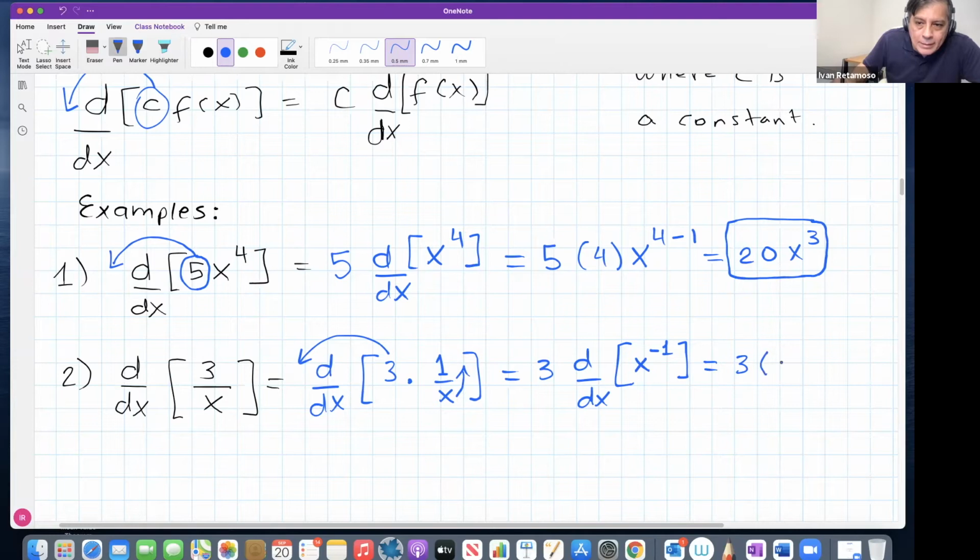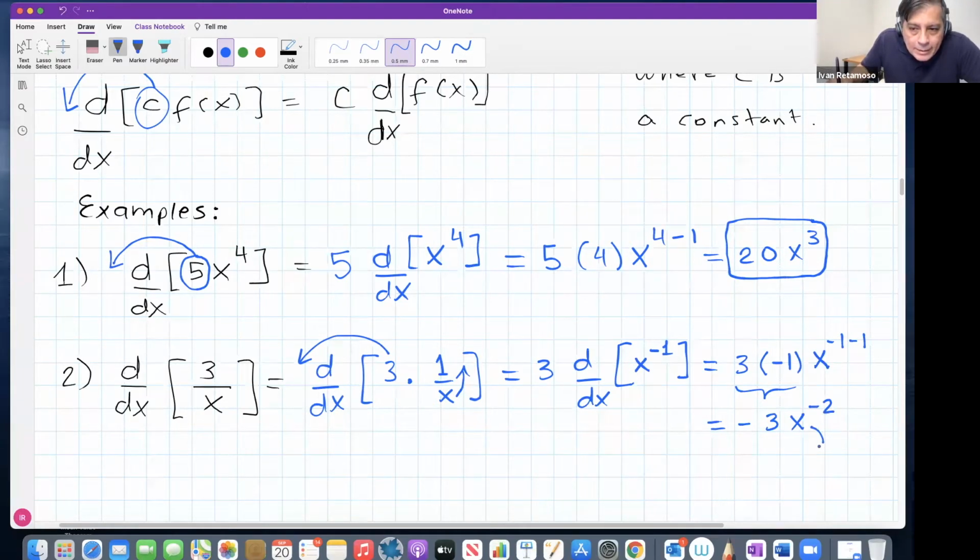Using the power rule, -1 comes up front, and x is raised to -1 minus 1, one less, right? This is going to be equal to -3, 3 times -1, and x raised to -2, right? That should be the answer.